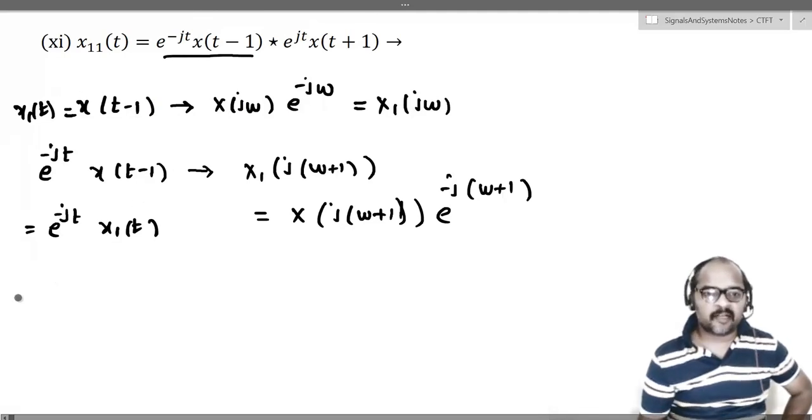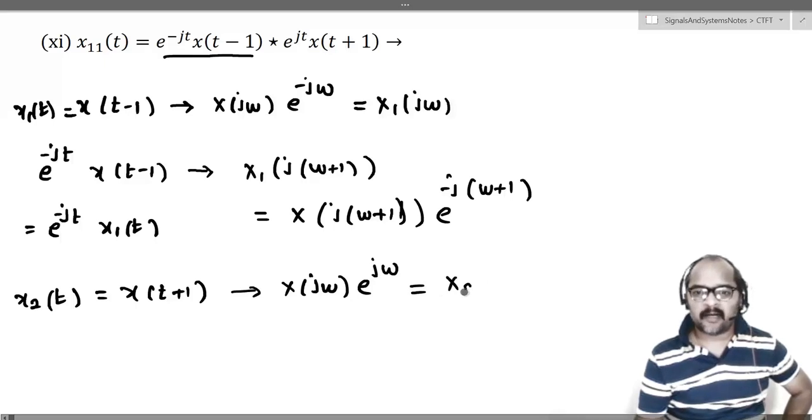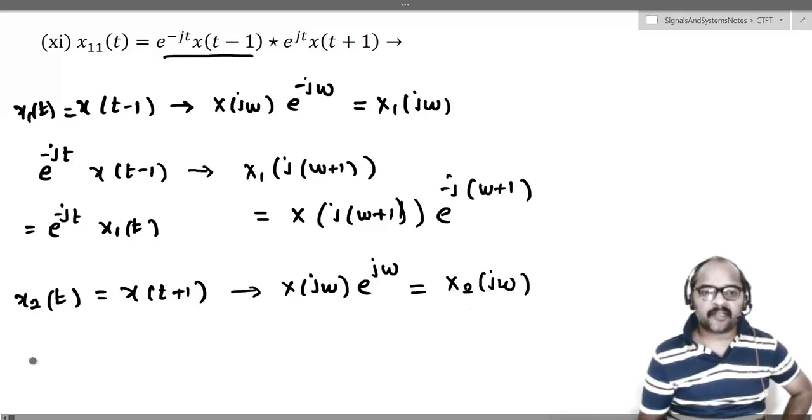Let us do that for the second signal. So let us call x2 of t equal to x of t plus 1. This will have x of j omega multiplied with e power j omega, and we call it x2 of j omega. Next we want the Fourier transform of e power jt x of t plus 1, which is nothing but e power jt x2 of t.